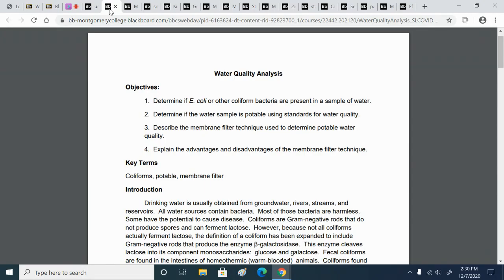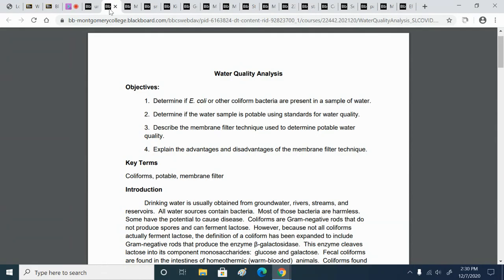And so we're worried about fecal contamination of the water because there may be pathogens associated with feces like Salmonella or Shigella. But those pathogens are not going to be present all the time. But if fecal contamination is a constant problem, you will find coliforms. So we use the coliforms as indicators of water quality.